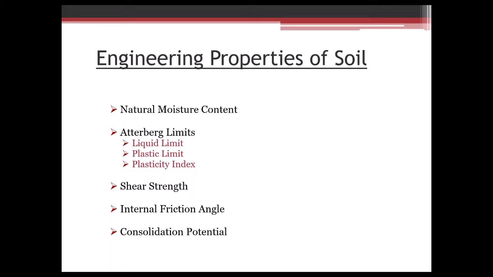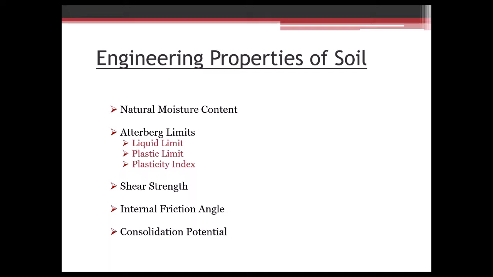The next one is the Atterberg limits, which are the liquid limit, plastic limit, plasticity index. And these are done on cohesive materials such as clay. What they do is they determine how the soil is going to react and allow us some parameters to do some quick settlement calcs based on those quick parameters to determine if we need to do higher end lab testing, such as the consolidation potential.